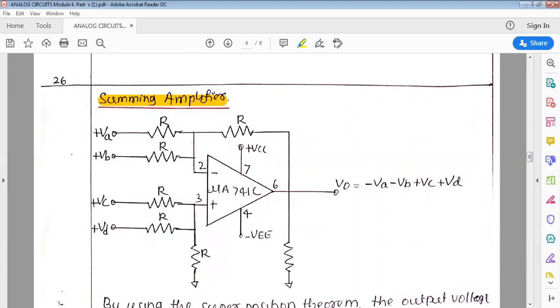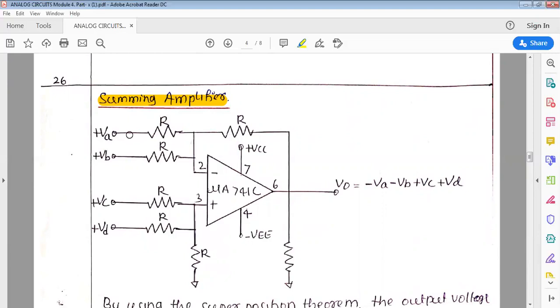But in the previous parts, the summing amplifier was either in the inverting configuration, wherein the voltages VA, VB and VC were applied to the inverting input terminal, or in the non-inverting configuration, wherein the voltages VA, VB and VC were applied to the non-inverting input terminal.